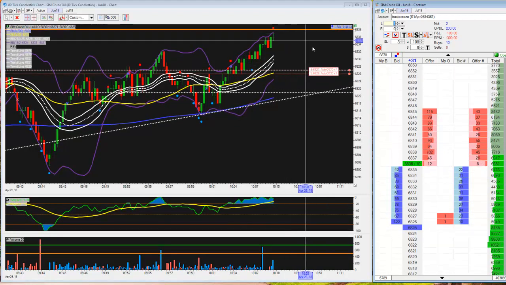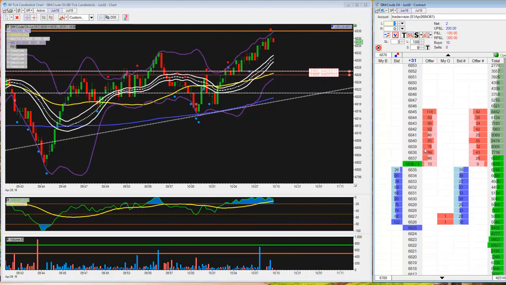Morning range right there at 38. See if we can break it.